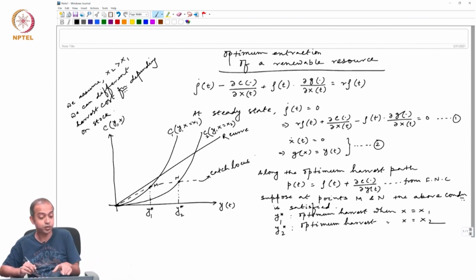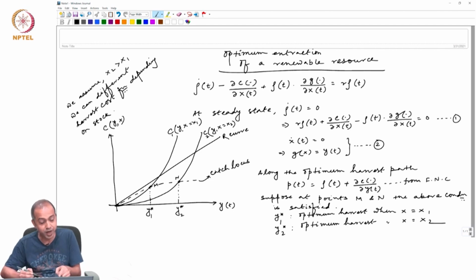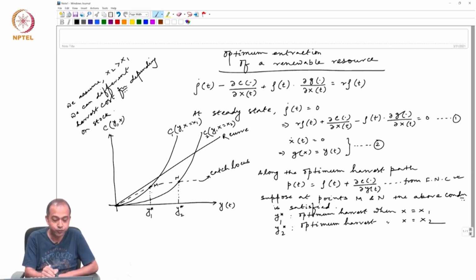So, what is the catch locus? First we have drawn the harvest cost function, then depending on different levels of stock we will have different cost functions, and then we assume that along this harvest cost function there are points like M and N where this first order necessary condition is satisfied. M is the point on the first harvest cost function where this condition is satisfied, and N is the point where the FNC is satisfied.